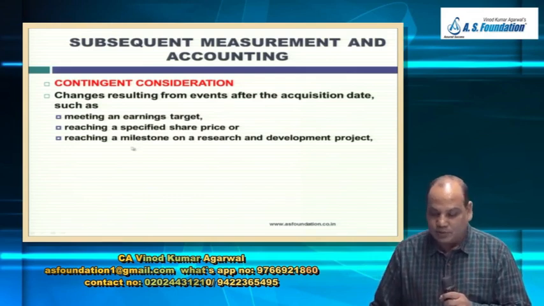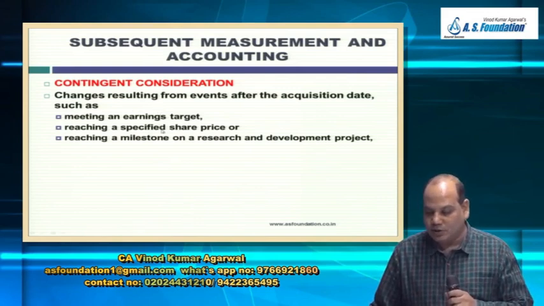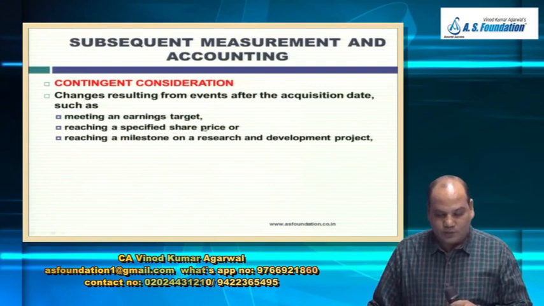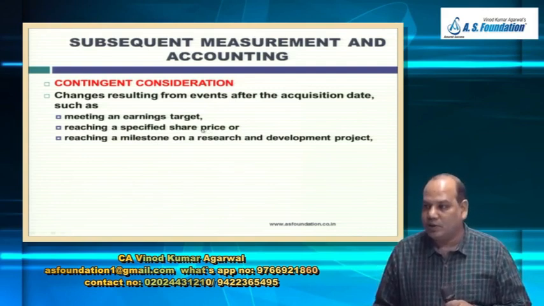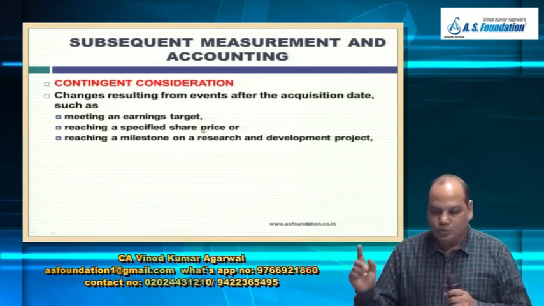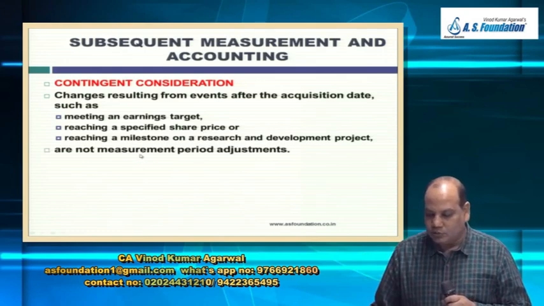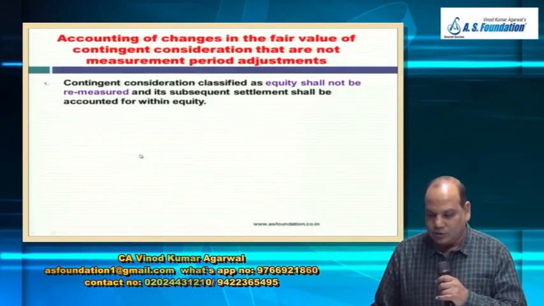Like for example, suppose after the acquisition date there was a target set for you, earning target, price target, reaching a milestone on a research and development project, and you have achieved such targets. Will it be called a measurement period adjustment or post combination adjustment? Post combination adjustment. This will not be adjusted in goodwill.